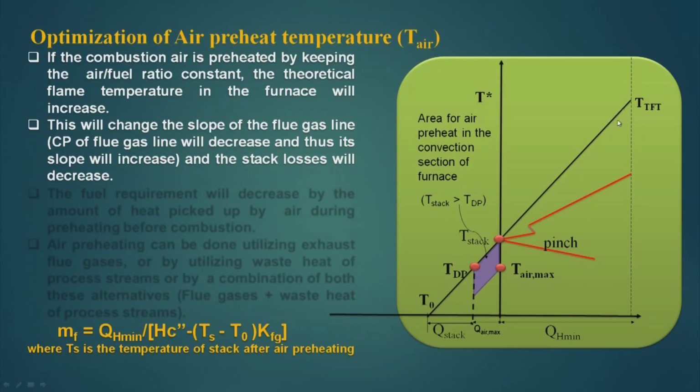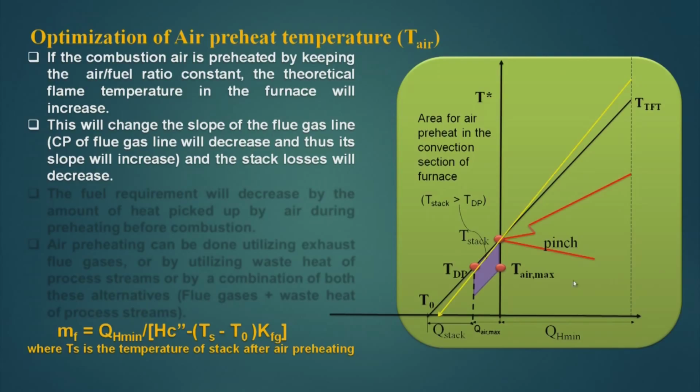Now, say this is operating at this T stack. Now, I start sending the preheated air to the furnace. So, what will happen? This TFT will increase. Once this TFT increases, I have to pass through this optimized stack temperature, so this will come somewhere here. So, the stack losses will be less. This is one line, a little bit of TFT has been increased, so a little bit less stack loss.